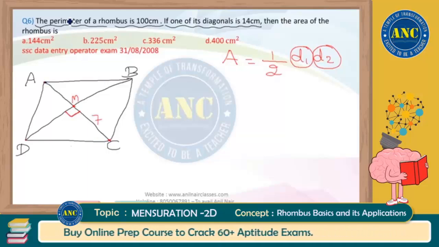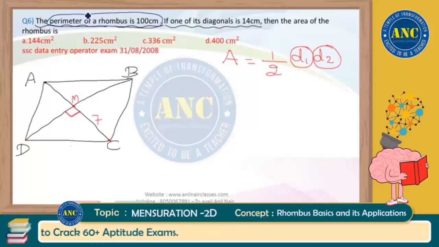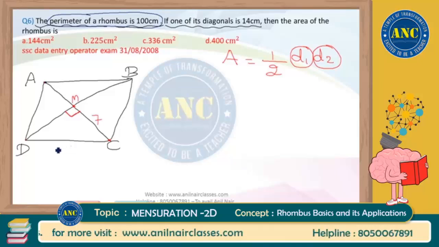Nowhere it is mentioned. But question says perimeter is 100 and perimeter of rhombus is 4 times its side. That means this side is 25, second side is 25, third side is 25, fourth side is also 25. Now this is a right angled triangle.